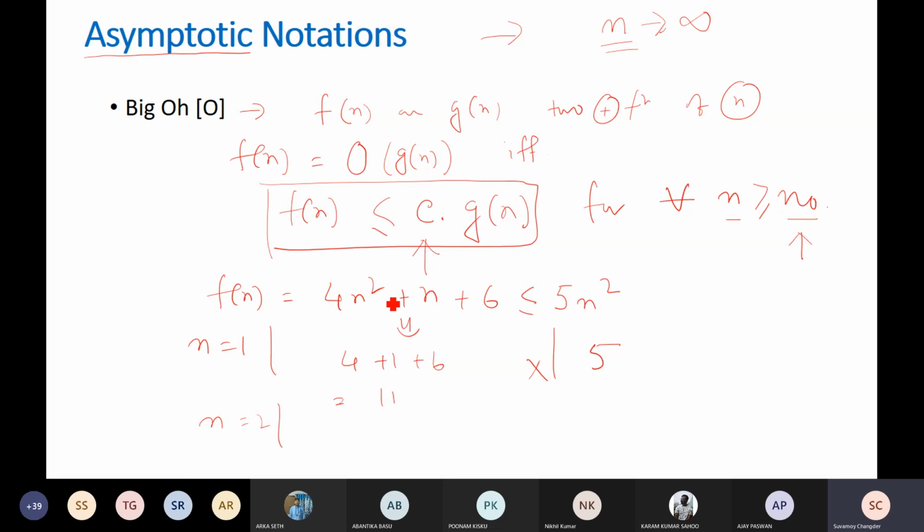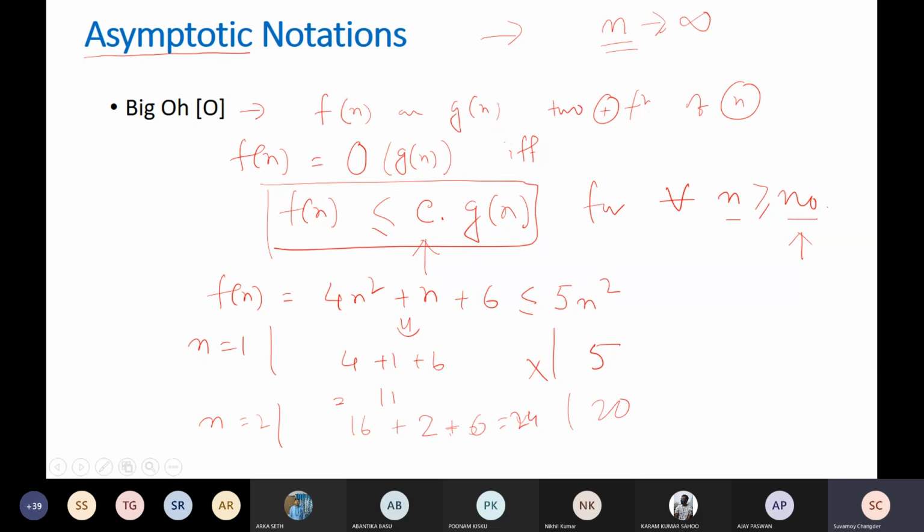For n equals to 2, what will we get? 4 into 4 is 16, plus 2 plus 6, so that is 24. Let us check this: 5 into 4, 20.